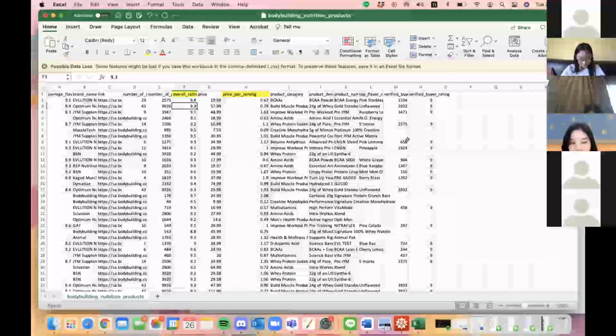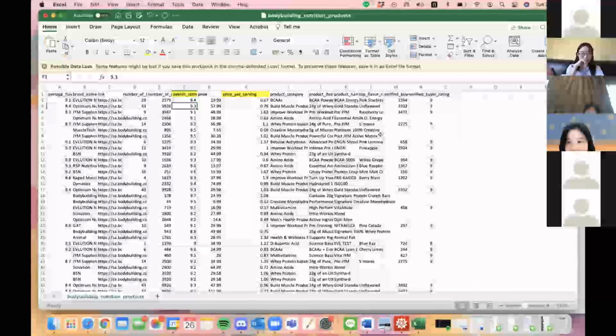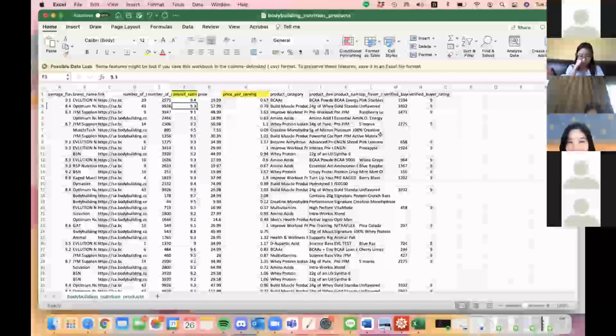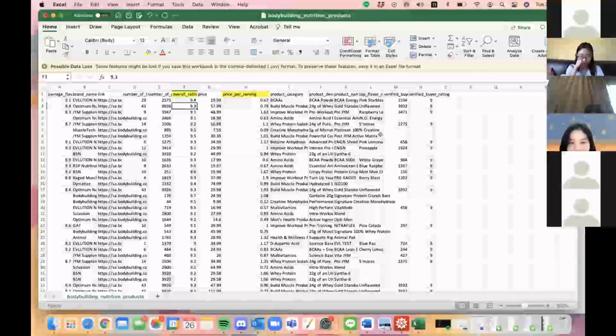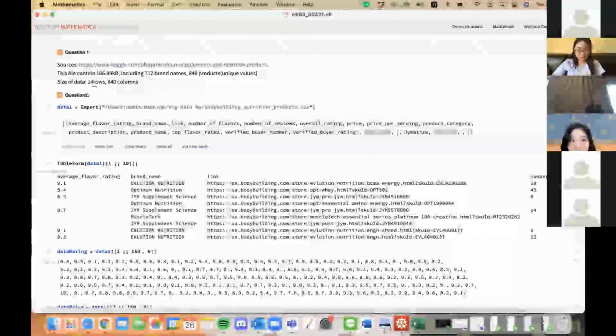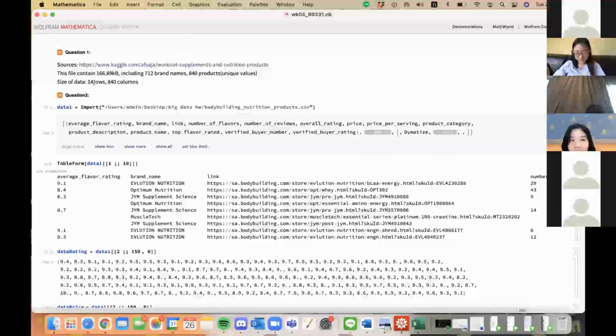12 rows. No, that's columns. Yeah, 12 columns. This is my data. How many rows? In this data it's 14 rows and 840 columns. Okay.